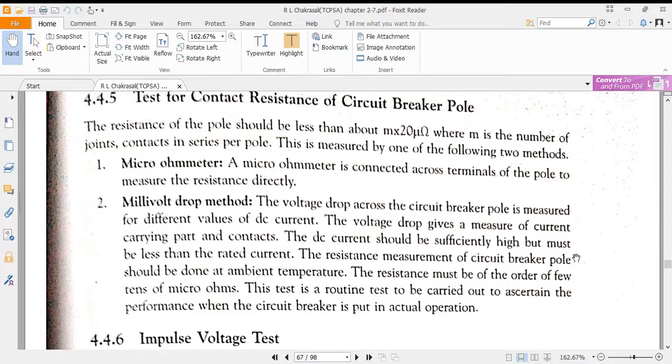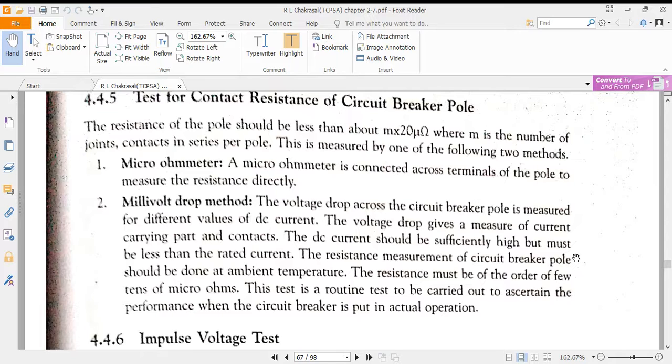Voltage drop is because of the resistance of the contacts. Here generally the DC current is kept high but less than the rated current. That is a requirement.